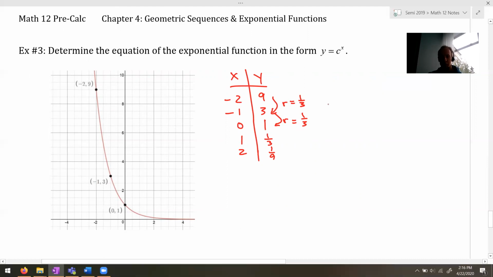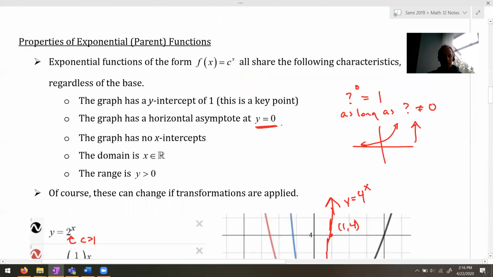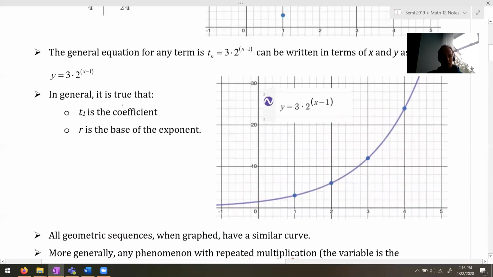So what we can do is use this idea that way in the beginning, I said, when you're talking about geometric stuff, t1 is the coefficient out front, and r is the base of the exponent. We're not going to worry about the coefficient too much, because right now we're not dealing with any transformations. You'll notice this would actually be a vertical expansion coefficient, but we're not dealing with that right now. But r is the one we're going to focus on. R is the base of the exponent.